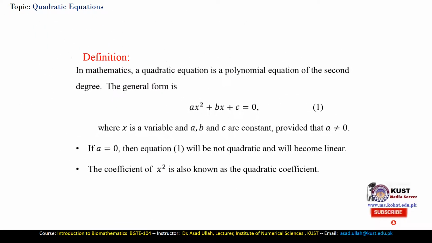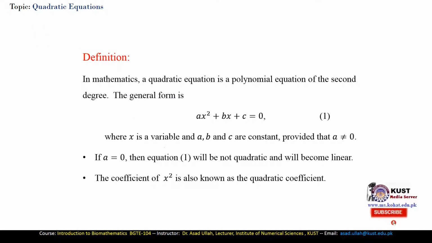Now, what is a quadratic equation? In mathematics, a quadratic equation is a polynomial equation of the second degree. The general form of the quadratic equation is given by equation number 1: ax square plus bx plus c is equal to 0, but the coefficient of x square, a, must not be equal to 0.